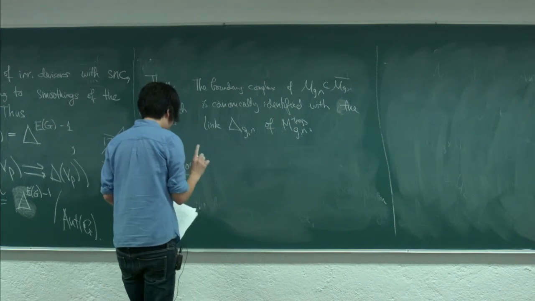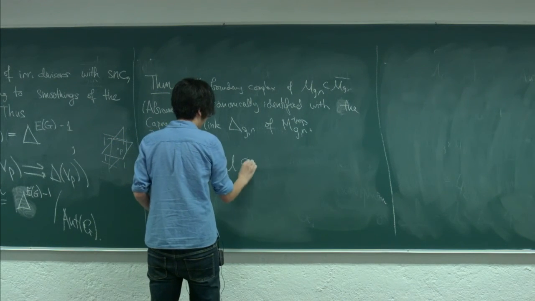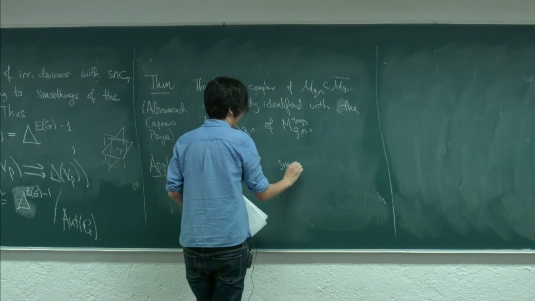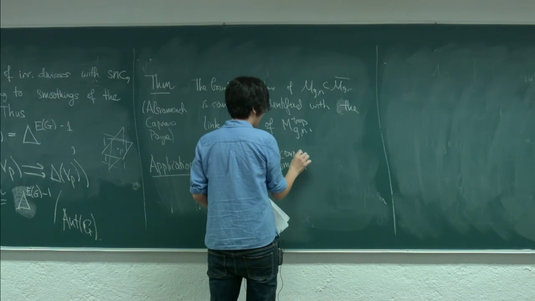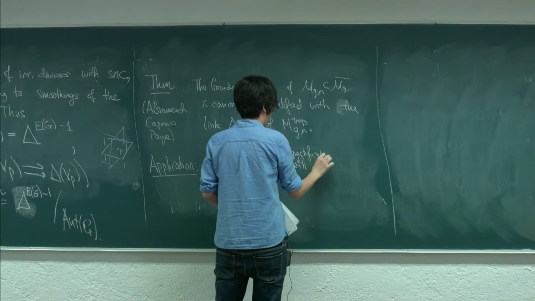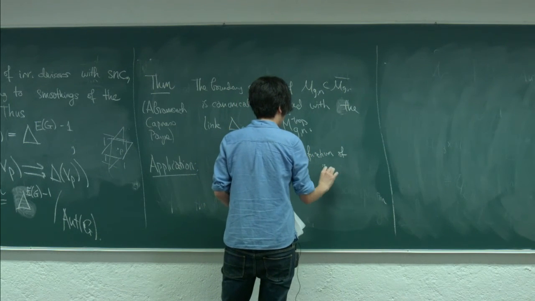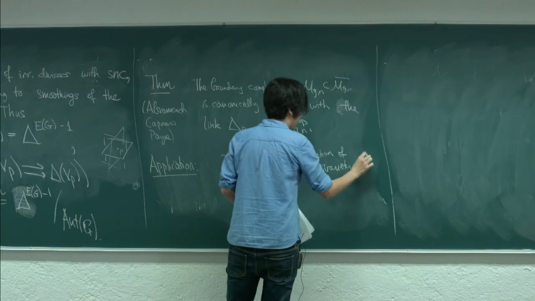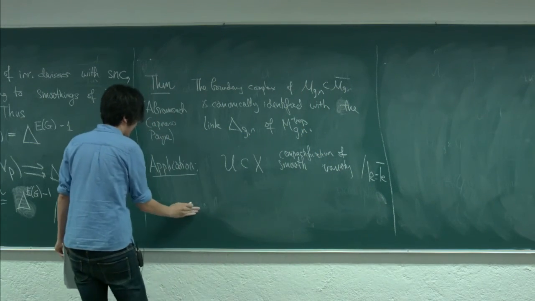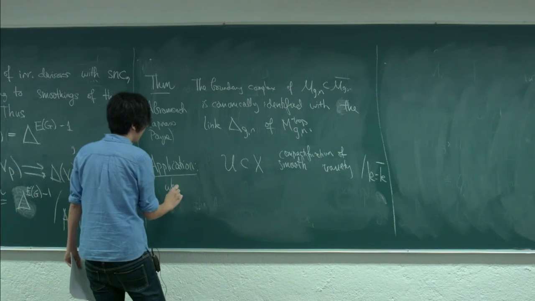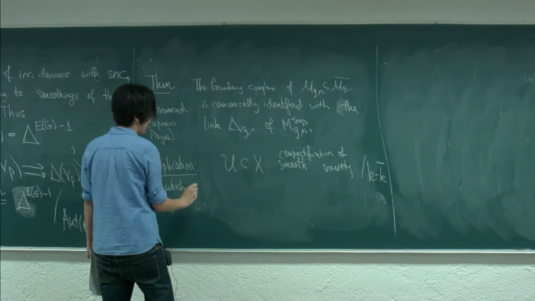So several facts. Suppose U in X is a compactification of some smooth variety, over some algebraically closed field, which is normal crossings. In other words, the boundary X minus U is normal crossings.